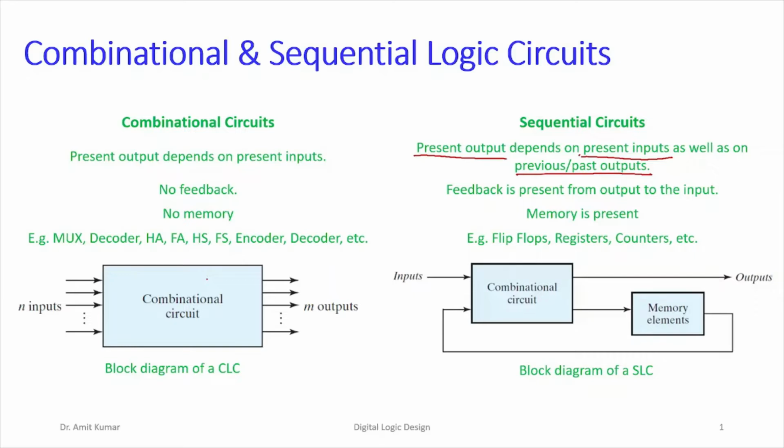There is no feedback mechanism, and the output does not depend on the previous value of the outputs. In case of a sequential circuit, the output depends on the previous values of the outputs, as well as on the present inputs.